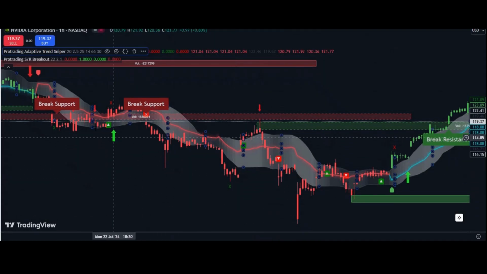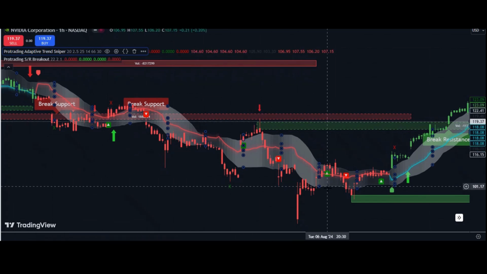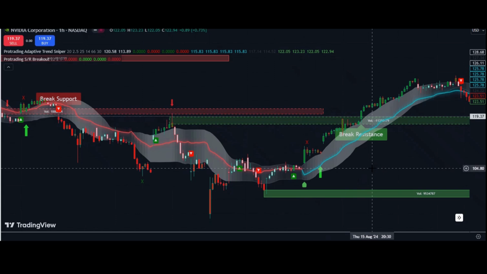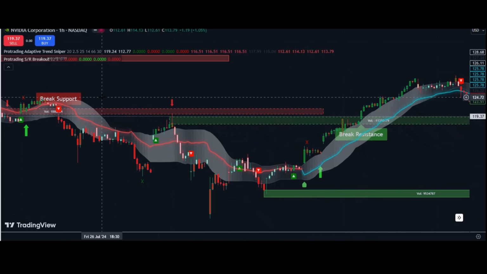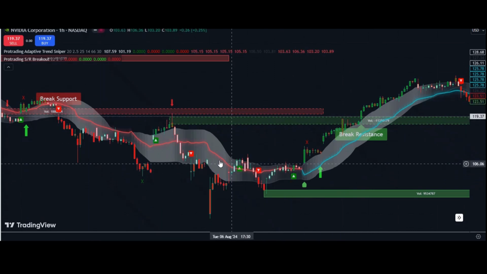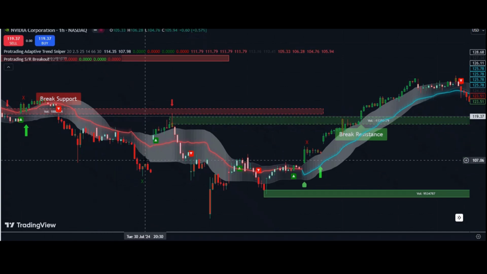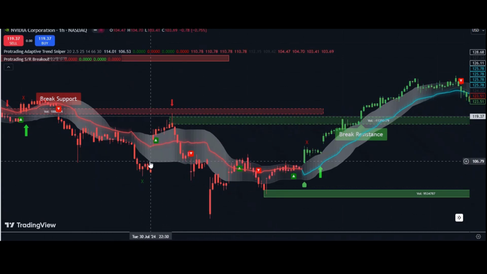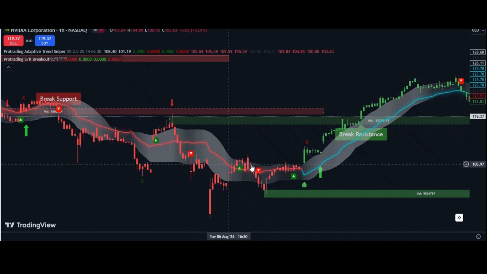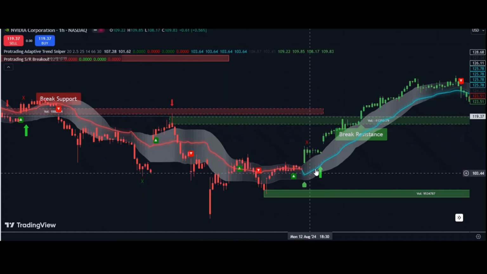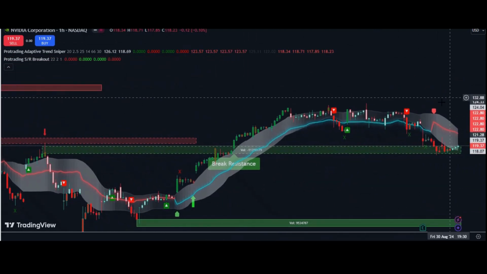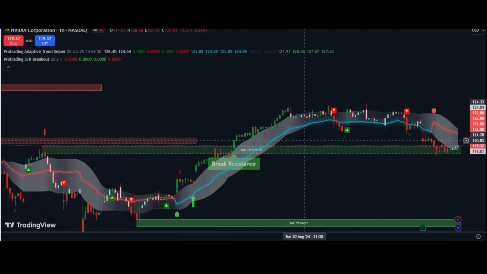So first, identify the direction of the trend, then it will be easier for you to follow the next step of the strategy. When it's red, you are currently in a downtrend, so you can only make a sell decision. When the color changes to blue, you know that you are currently in an uptrend, and at that point you can only make a buy decision.